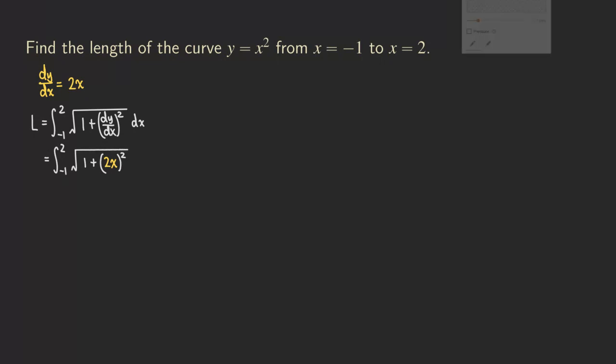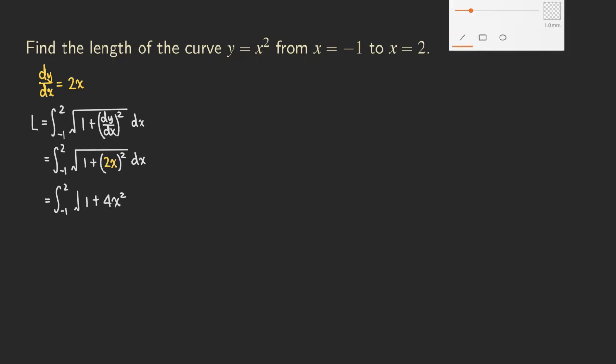And then we get the dx right here. Okay. And then now you are just going to simplify this, and then we will be getting the integral from -1 to 2 of the square root of 1 plus 4x squared, and then the dx. Okay, so far so good.